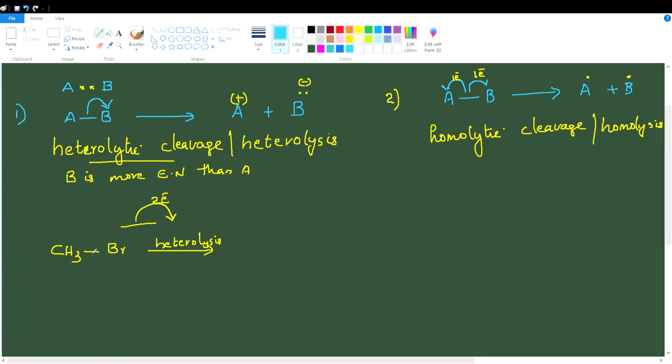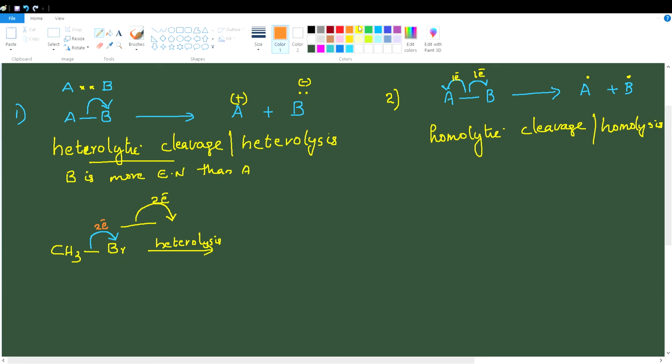So during the breaking of this bond, both the electron pair move towards bromine. It can be shown by drawing a curved arrow from the middle of the bond towards the bromine atom. A full-headed curved arrow represents the movement of two electrons from this bond. Both the shared electrons move towards bromine.